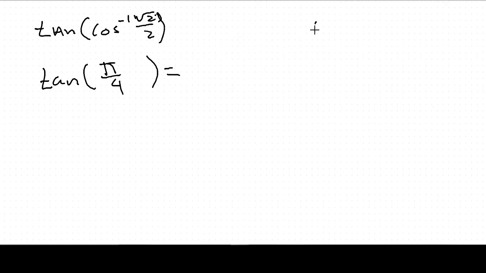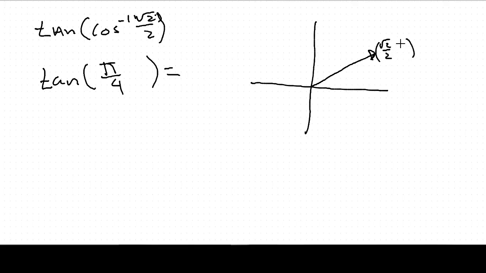Remember, here's our unit circle. And there's pi over 4, and the two numbers there are root 2 over 2 and root 2 over 2, for cosine, comma, sine.